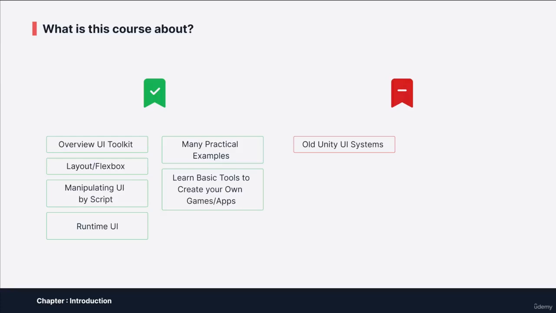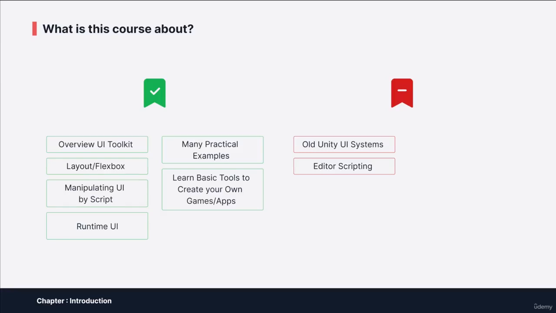This is purely a course on UI Toolkit and Unity, obviously, because we'll also need general Unity C# code to make our little games and examples, but we will not touch the old canvas, the old event system, stuff like that. That's not part of this course. And just as I mentioned with the runtime UI thing, this is not a course on editor scripting, although a lot of the stuff that we will do will also help you with editor scripting.